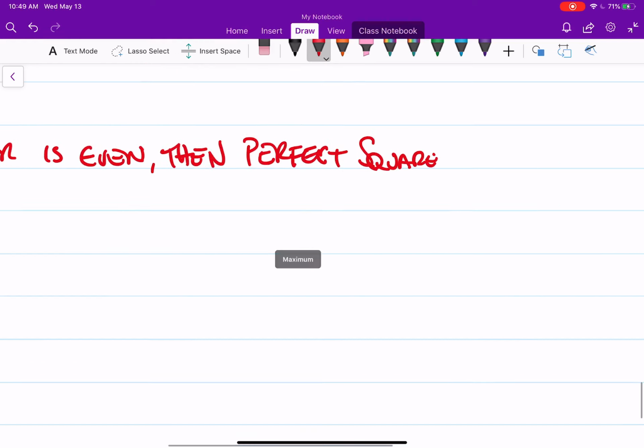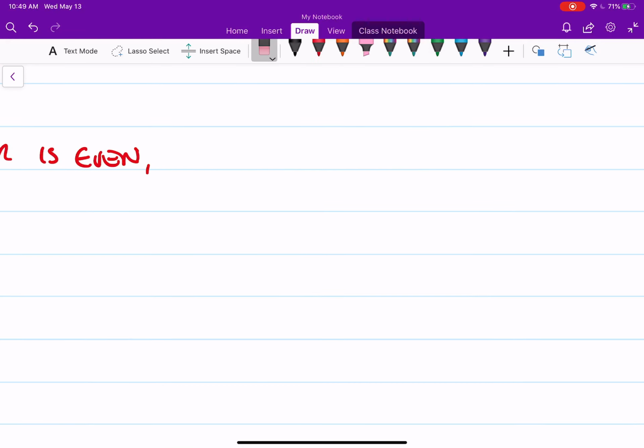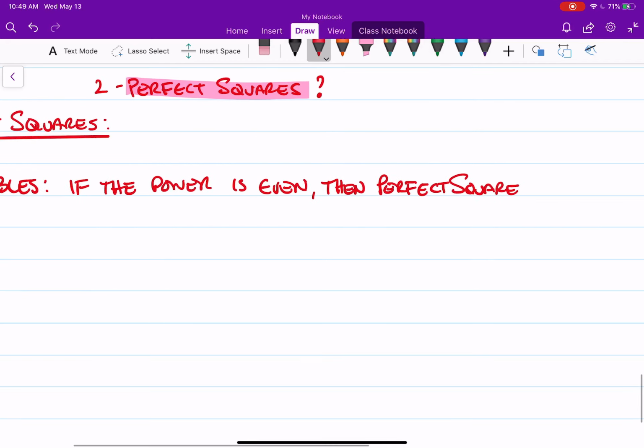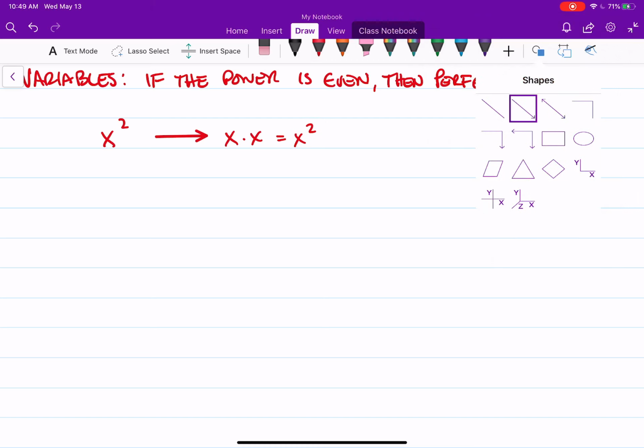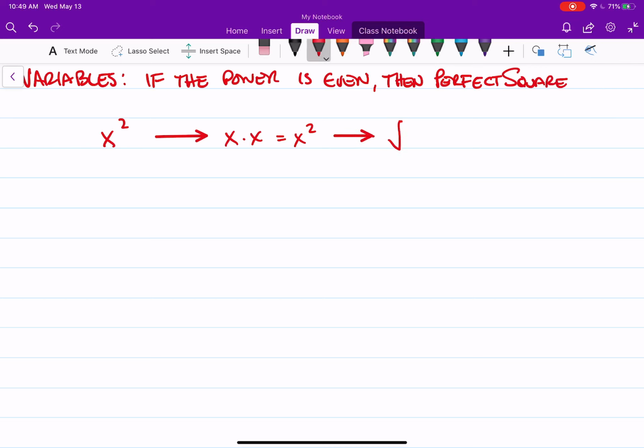Wow, that looks awful. Okay? All right. So if you look at it, x squared is a perfect square. Why? Because x times x equals x squared. And another reason is that the square root of x squared is equal to x.